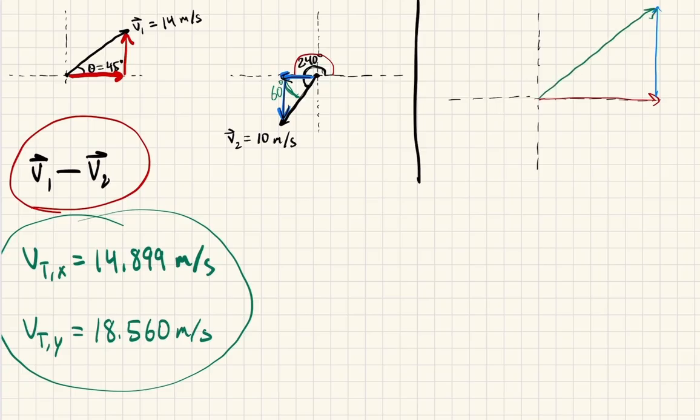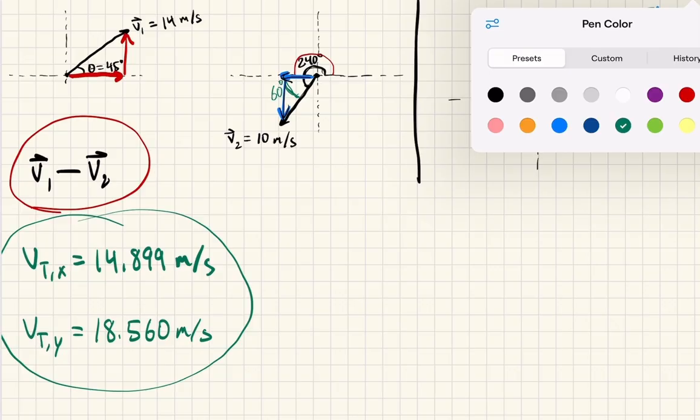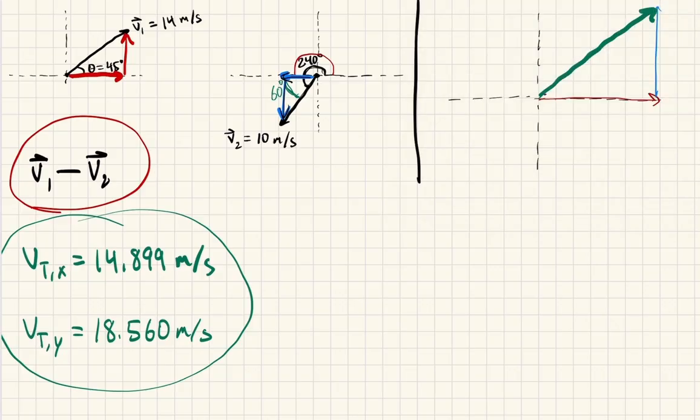And this makes sense. This makes sense because vector 1, okay, is, let's do that in another color here. Vector 1 looks something like this. And then you have vector 2, which originally is pointing this way, okay?